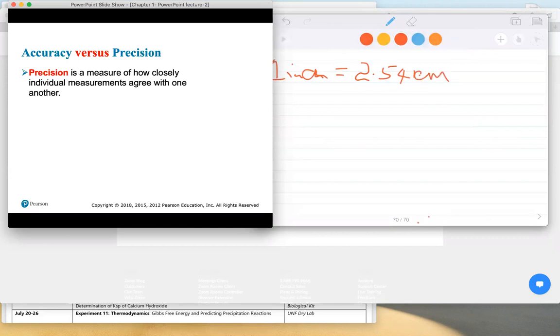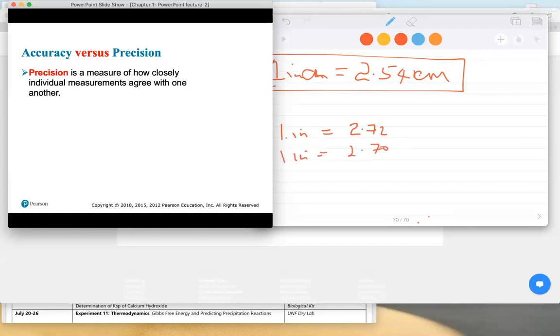Suppose somebody does some calculation, and every time he ends up with 1 inch equals 2.72, 1 inch equals 2.70, 1 inch equals 2.71. If you look at these measurements, they are close to one another. We say they are precise. They are close to one another, but none of them is accurate.